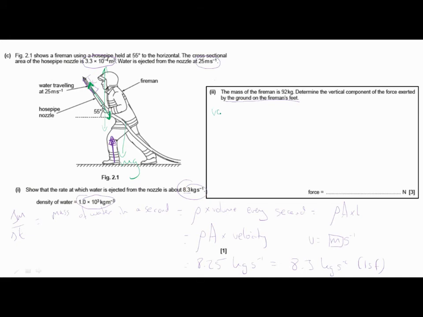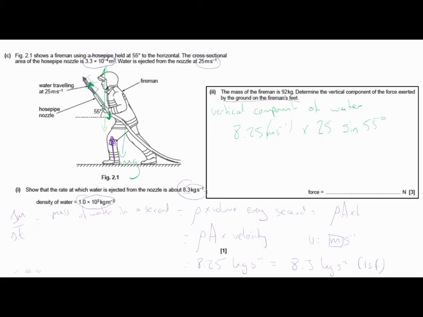So firstly, we need the vertical components of the water, which is going to be what? Well, it's going to be 8.25 meters per second. I'm taking this number here. You could obviously use 8.3 if you wanted, times by 25 sine 55 degrees. So why is it this equation?